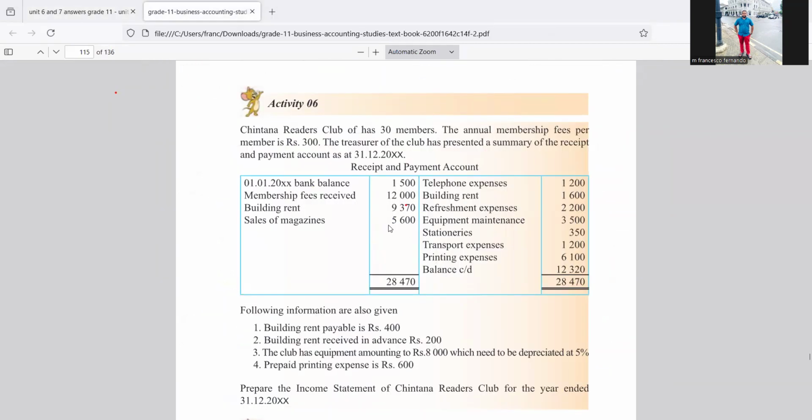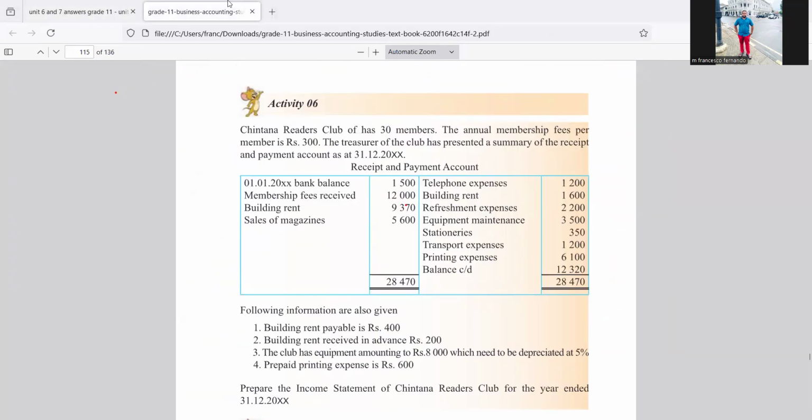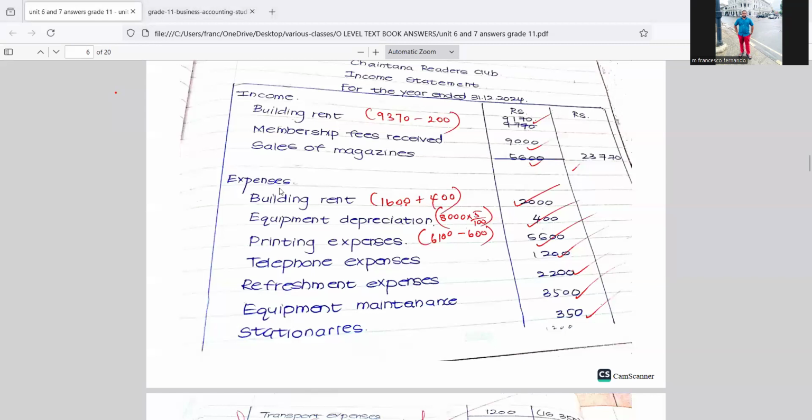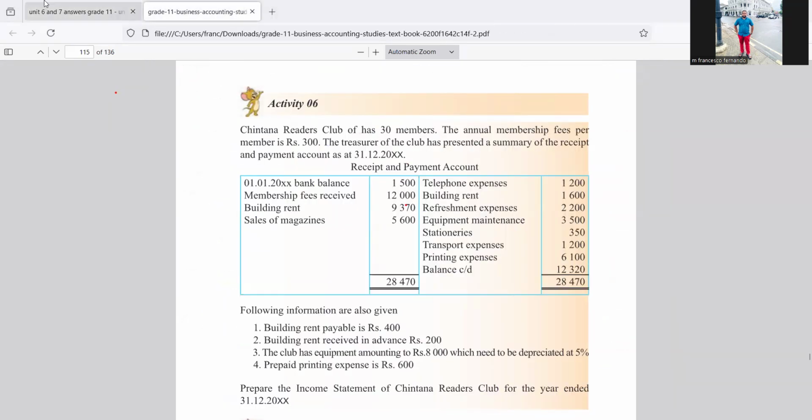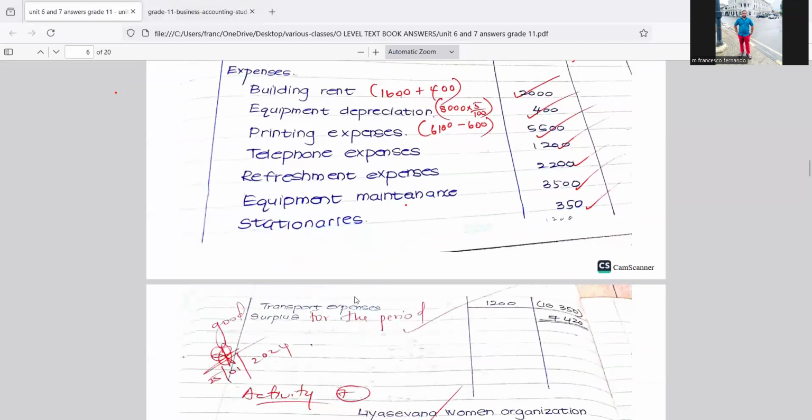Then sale of magazine, there is no additional information. It is an income. Telephone expenses is an expense. Building rent we have already recorded. Refreshment expense and equipment maintenance are expenses. Stationery is an expense. Transport expenses is an expense.